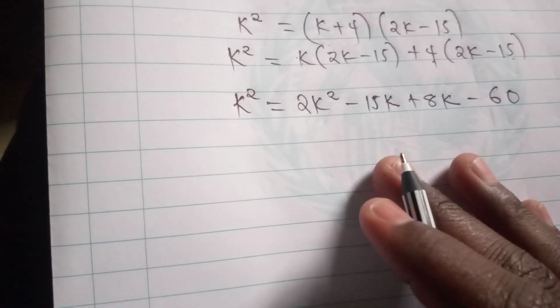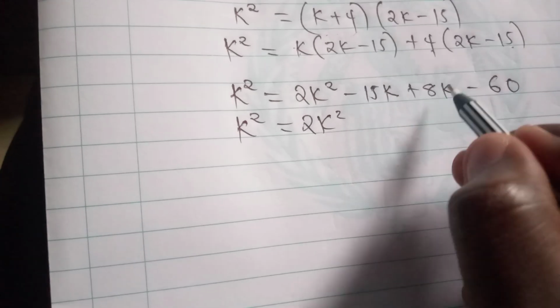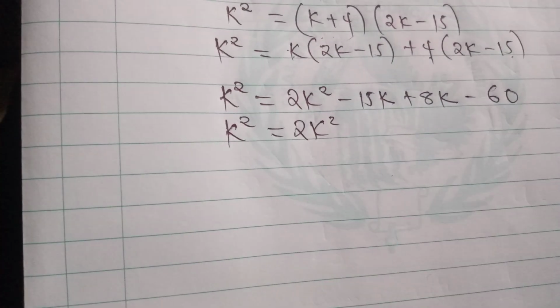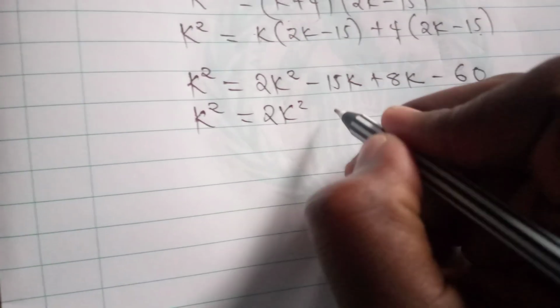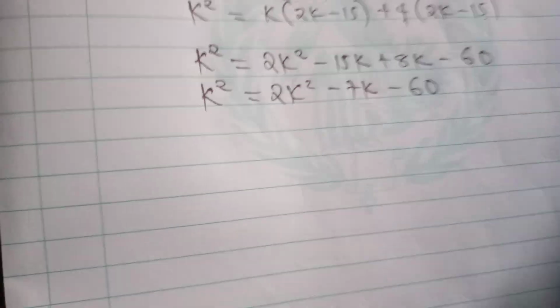At this moment, let's first simplify these two. So k square is equal to 2k square, and when you simplify negative 15k plus 8k, you're going to obtain negative 7k minus 60.